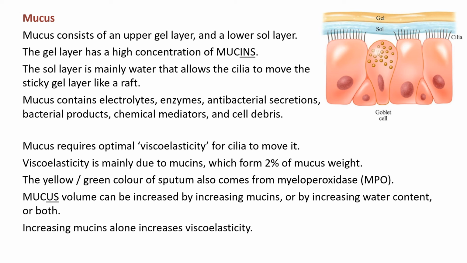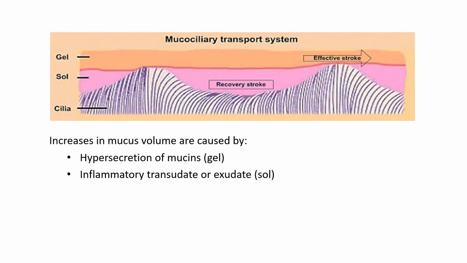So in this case, if you increase mucins alone, you've got very sticky mucus that's going to be harder for the cilia to move. And here you can see our cilia. They have this very coordinated way of moving through the sol and moving the gel, the mucin component, along up towards the mouth.